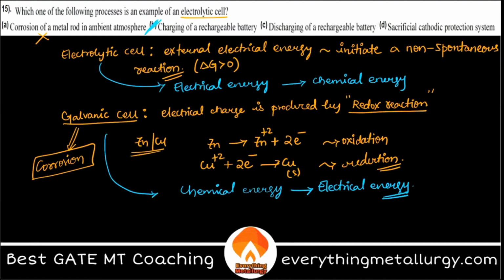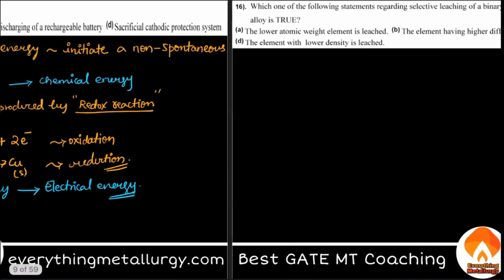Whereas if you are charging it, it will be like an electrolytic cell, right? So this is about this particular question where you have electrolytic cell and galvanic cell. Okay, so now let's move to the next question.